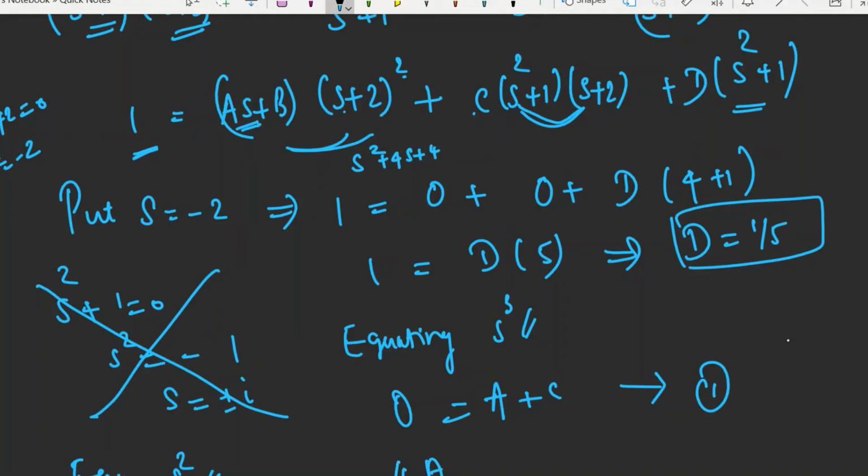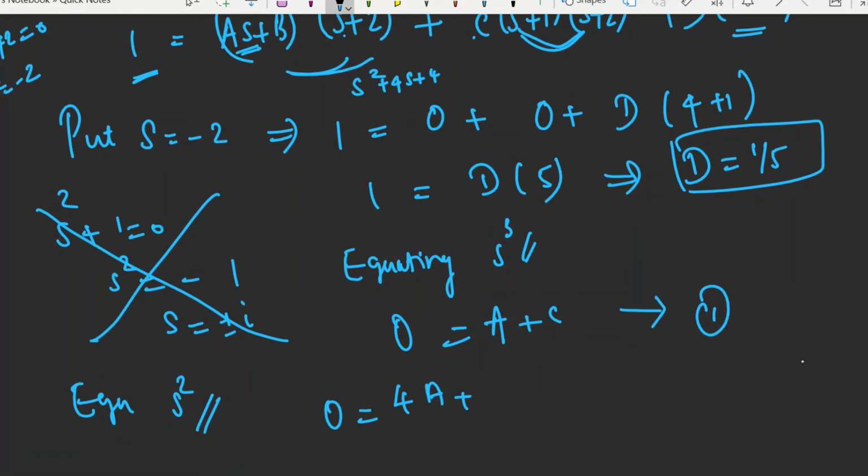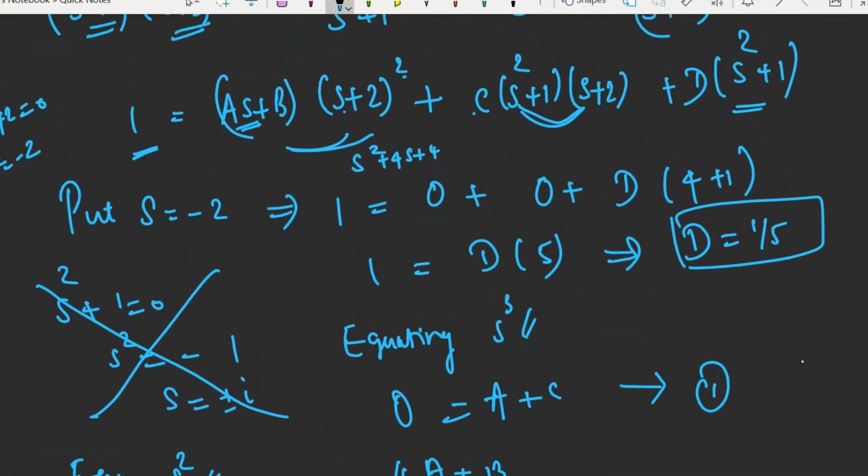And if multiplied with b, next b s square, 4bs, so the b s square coefficient is b. And another coefficient of s square, if you are multiplying s square with 2c s, so the coefficient is 2 times c. And here d s square, so plus d.